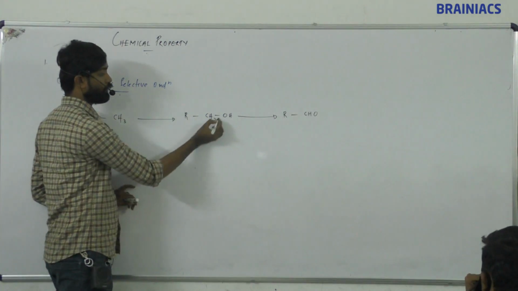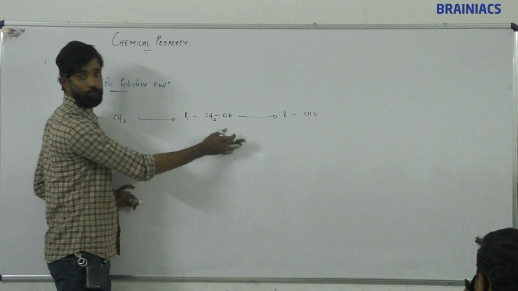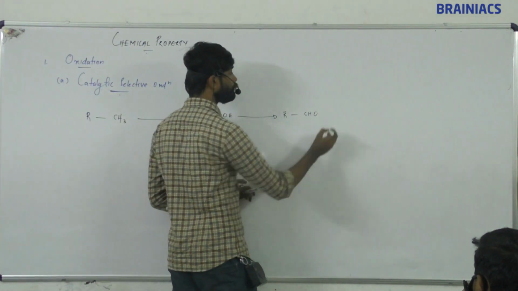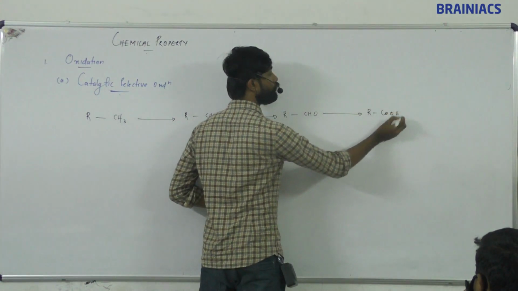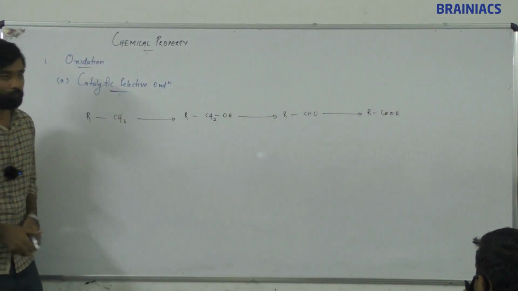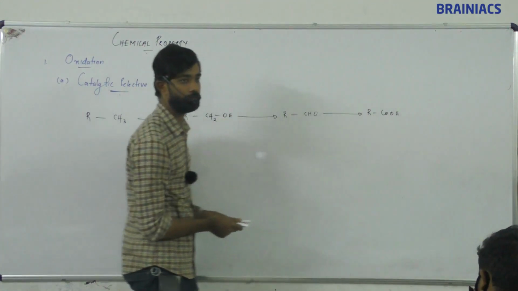Oxidation means removal of hydrogen, giving CHO. Further oxidation forms acid, which means addition of oxygen. This is the normal oxidation sequence: alkane, alcohol, aldehyde, acid.